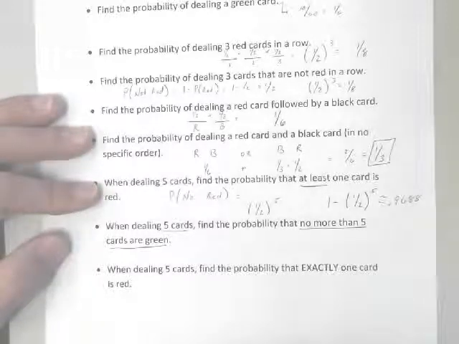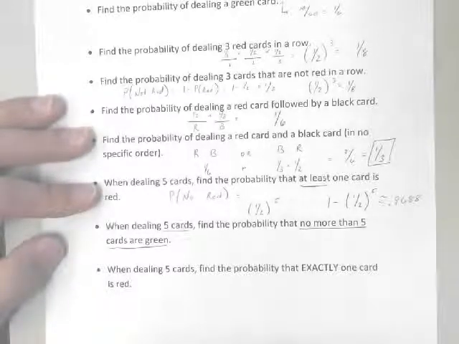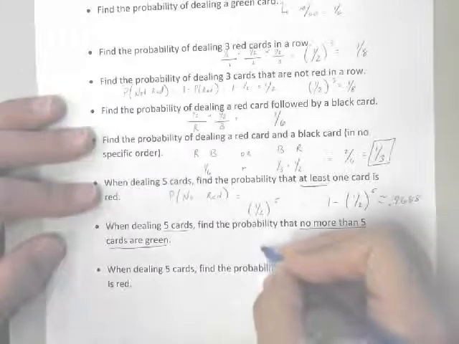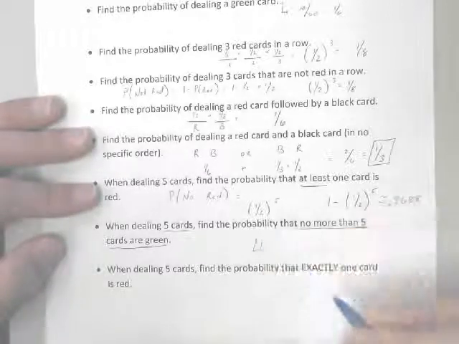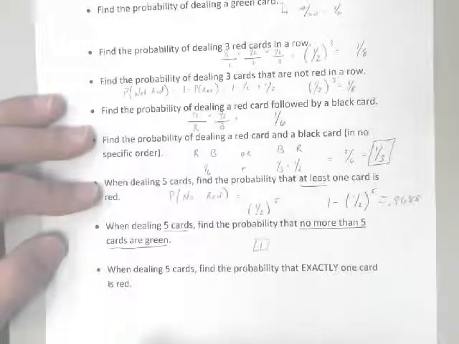Well, the complement of no more than 5 cards are green would be 6 or more cards are green. I'm dealing 5 cards. It's impossible for 6 or more cards to be green. The probability that 5 or less are green is 1.